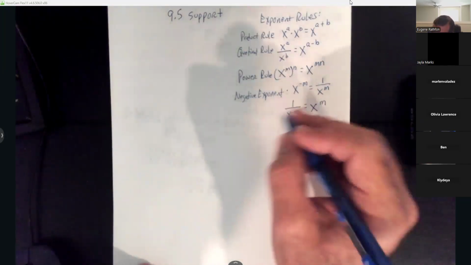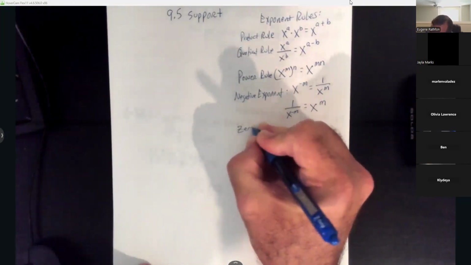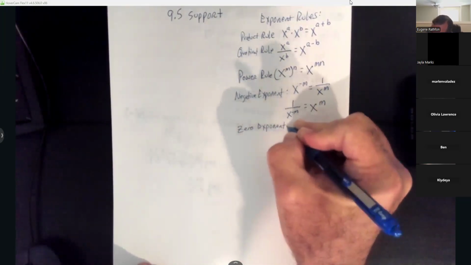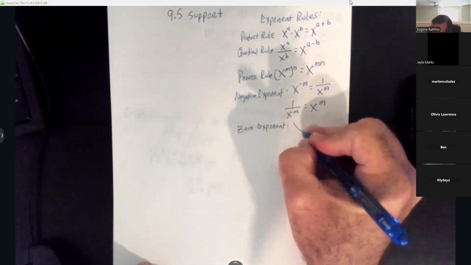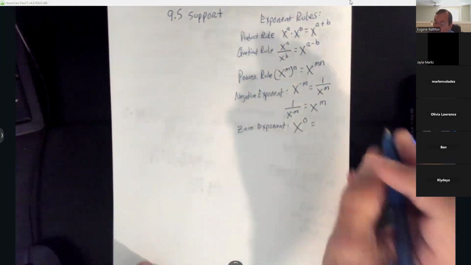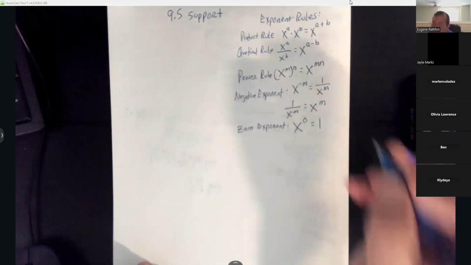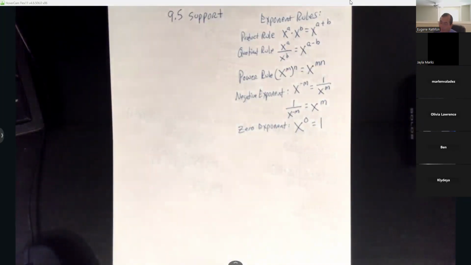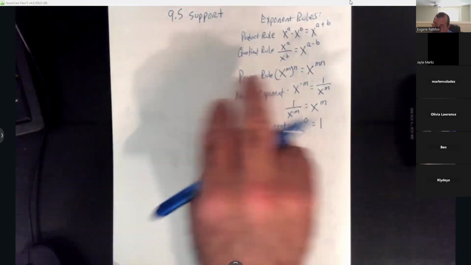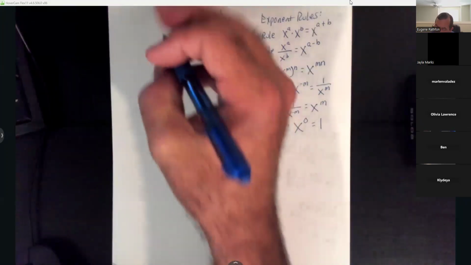And y'all, the last one was the zero exponent. They don't hit us with this, but I wanted to keep this fresh with y'all. Anything to an exponent of 0 equals 1, okay? So these are your exponent rules. So let's see what they're doing on these examples.